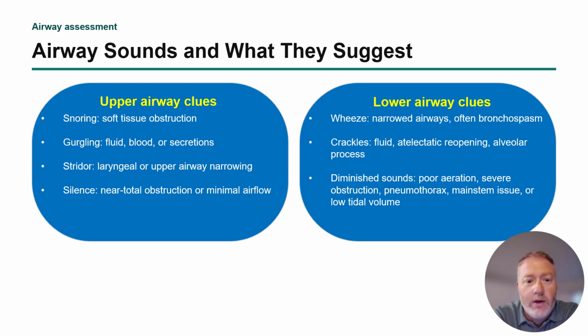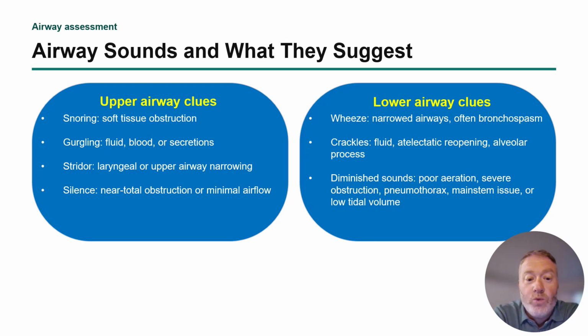But so how do you differentiate between the two? So upper airway clues typically signify a soft tissue obstruction. So any snoring sound, think obstructive sleep apnea, folks needing CPAP, things like that, like me, even though I don't wear it.